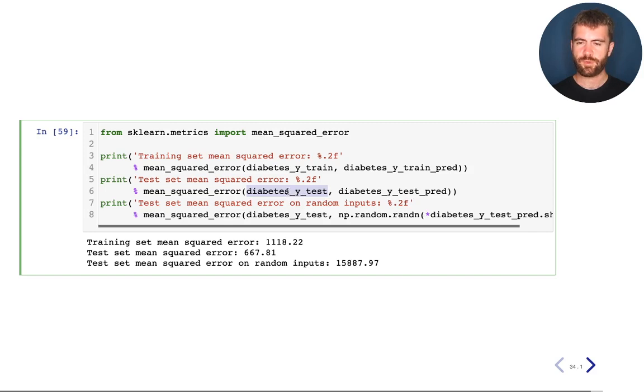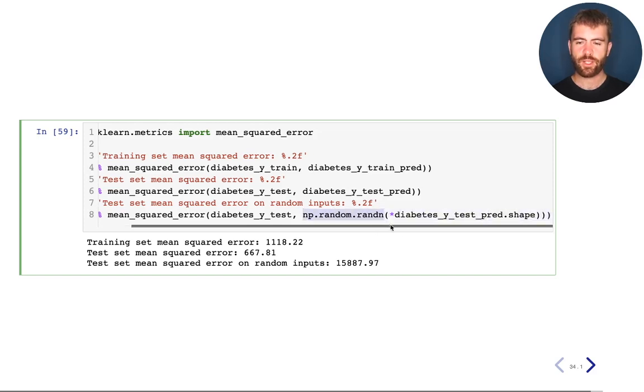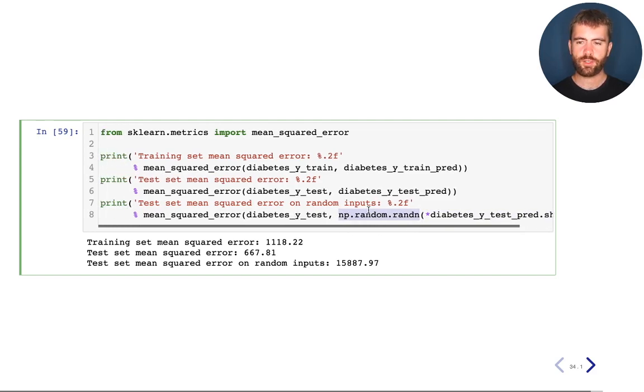This is the set of labels for these 3 points, and these are predictions we have made for these 3 points. And we can see here the mean squared error for these 2 sets of points. And finally, if we were to just generate a random set of numbers, and we were to look at their mean squared error relative to the true labels for these 3 data points, we see that this number is much higher than the value of our correct prediction, which shows that indeed the optimizer is finding a set of predictions which minimize the mean squared error.